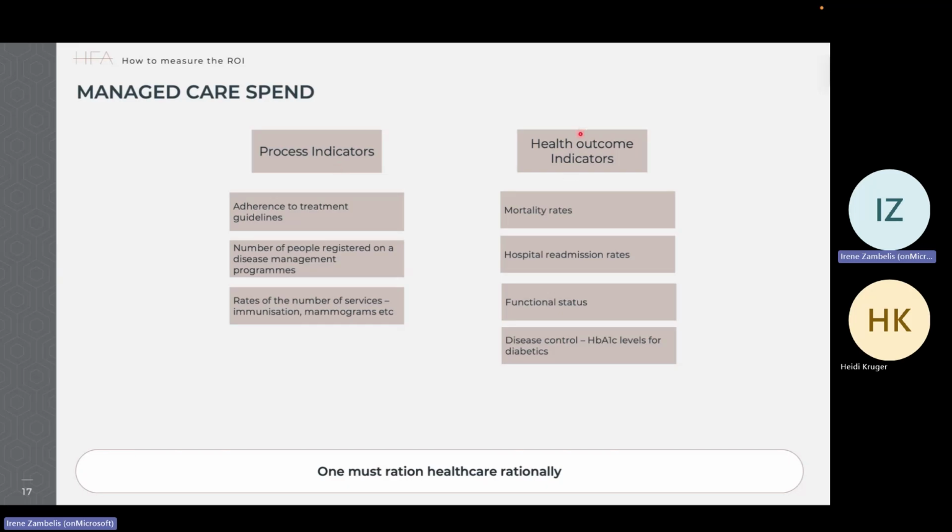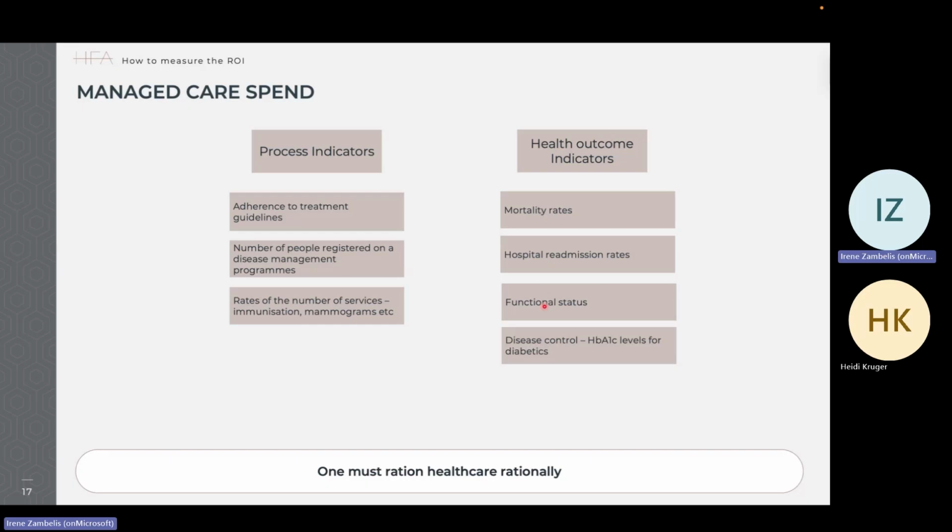So when we look at health outcome indicators, the examples are how many people have died, mortality rates, how many people are being readmitted to hospital for the same condition within 30 days of discharge. That is a very important indicator every trustee should be asking for.